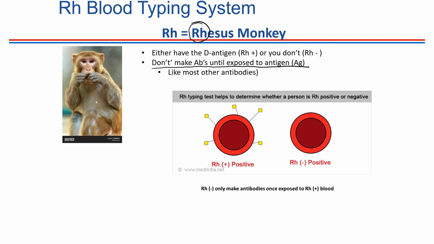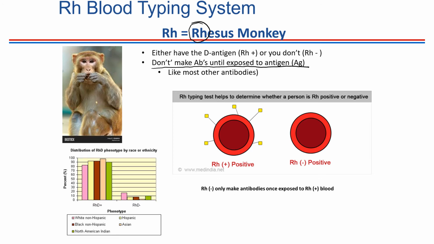So people that are Rh negative, that don't have this antigen, will cruise along just fine never knowing that they lack it. Only if their blood mixes with somebody else's blood who's positive will they start to make antibodies against it. If you're Rh positive, clearly your body won't be making Rh antibodies because you won't want to be attacking your own blood.